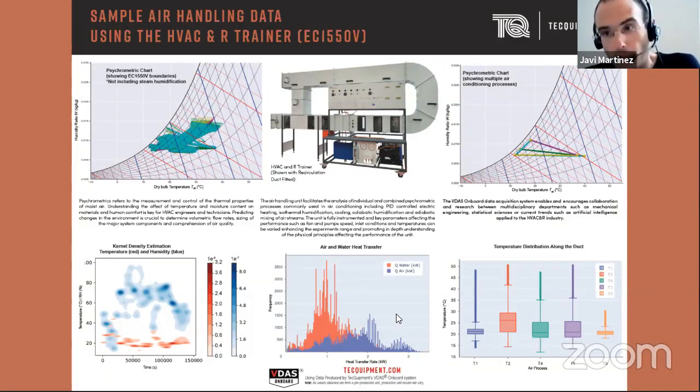It's a probability distribution, basically, of how many times, in this case, for example, let's have a look at the temperature and the relative humidity. The temperature is the red and the relative humidity is the blue.